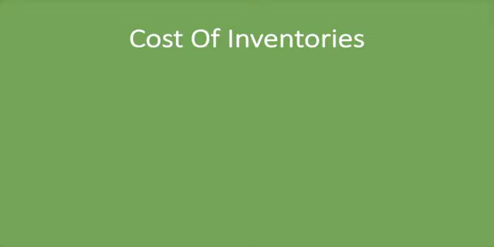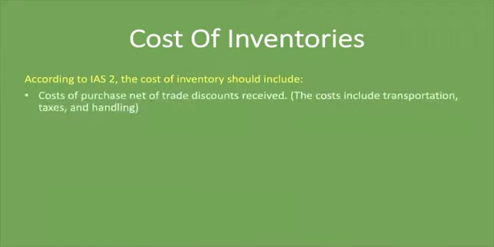Now, let's look at how cost of inventories are derived. According to IAS 2, the cost of inventory should include the cost of purchase net of trade discounts received. What we are saying here is that whatever cost you include as the cost of your inventory should not include any discounts you have received from your supplier. So the cost includes transportation, taxes, and handling.